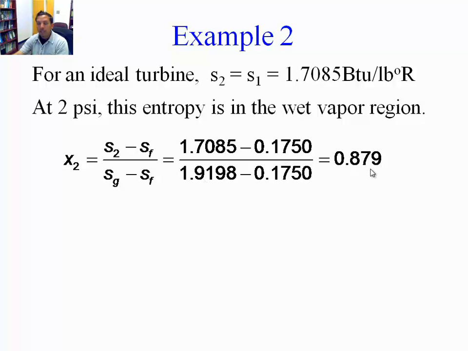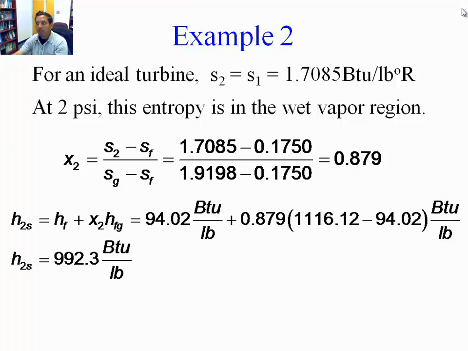We found that the quality of state 2 ideally would be 0.879, meaning that the steam went from superheated at state 1 to wet vapor in state 2 throughout the isentropic process. This is assuming that the process is isentropic, that the entropy of the inlet is equal to the entropy at the outlet. Then we can use this quality to calculate the enthalpy of state 2 for the ideal case.